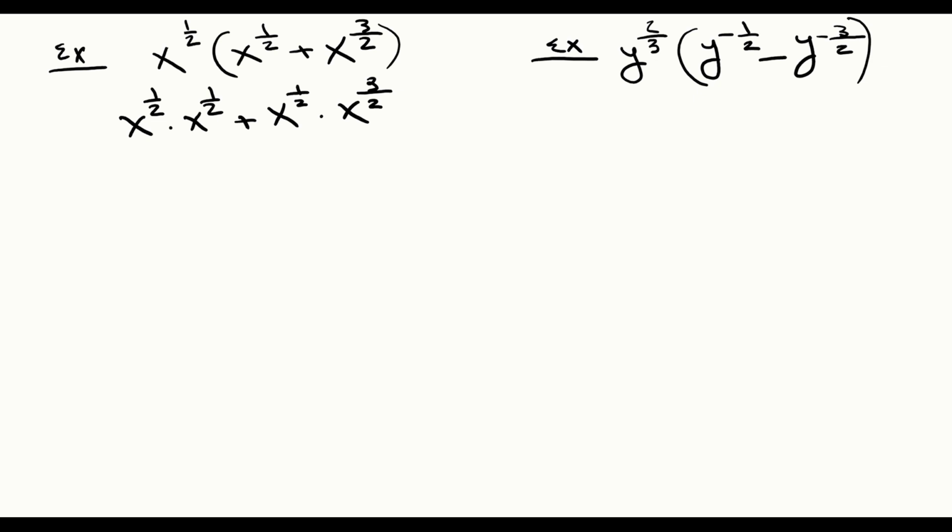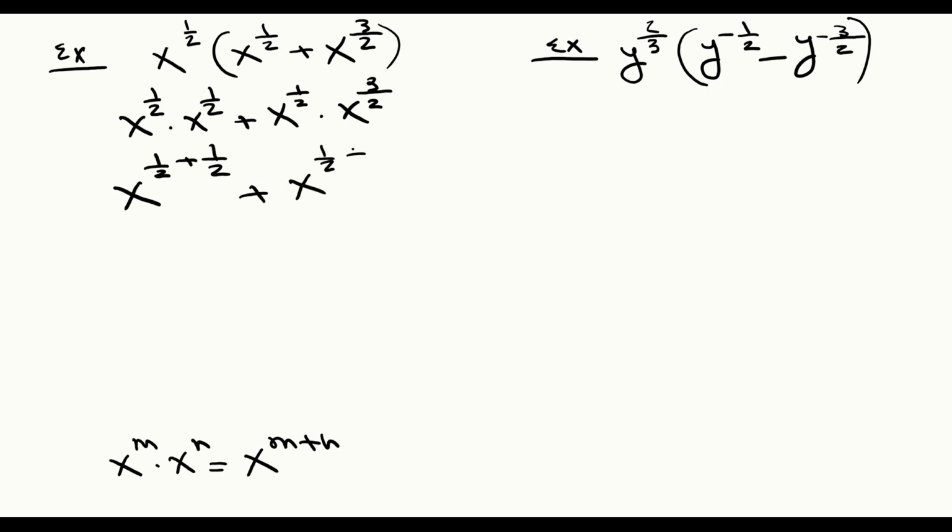And now we're going to apply the product rule, which is, if you recall, x to the m times x to the n equals x to the m plus n. So we get x to the 1/2 plus 1/2 plus x to the 1/2 plus 3/2.